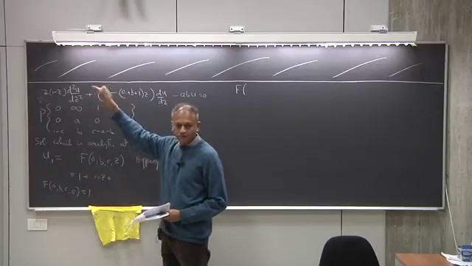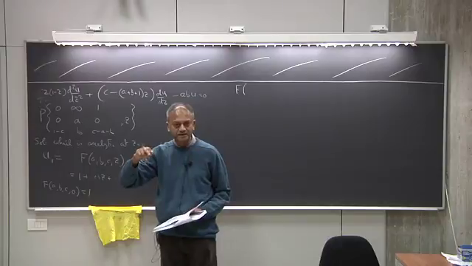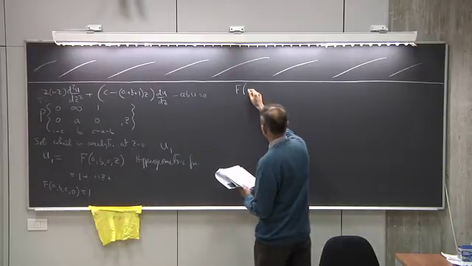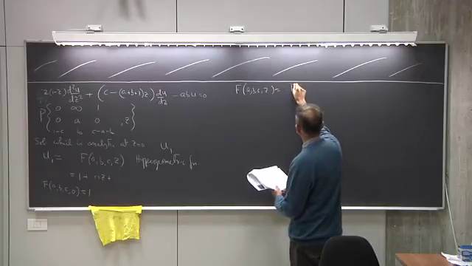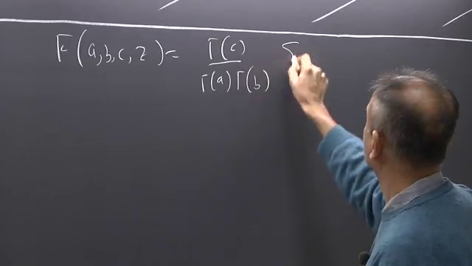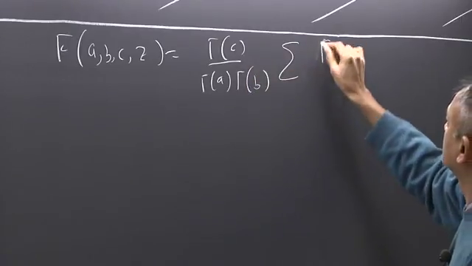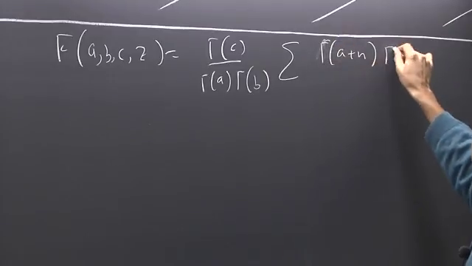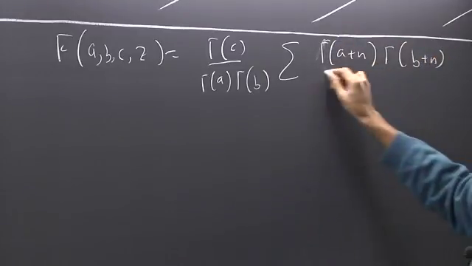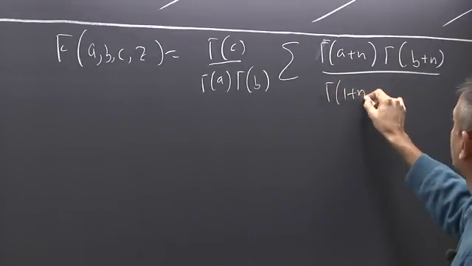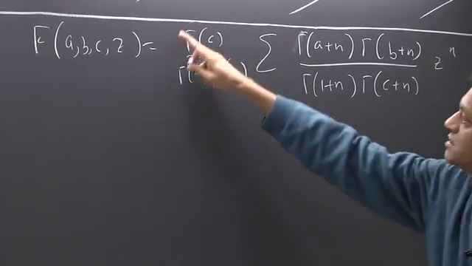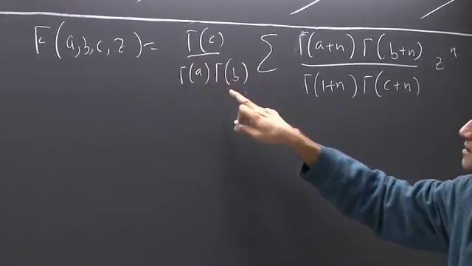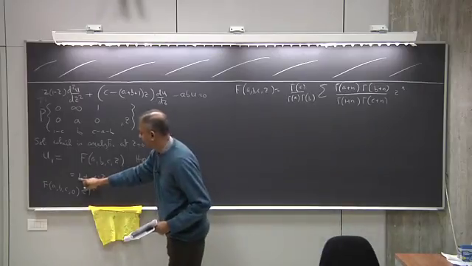We made the series expansion and plugged it in here, and obtained a recursion relation for the coefficient c_n. From that, we deduced that the expansion was simply gamma c over gamma a gamma b, times the sum of gamma(a plus n) gamma(b plus n) divided by gamma(1 plus n) times z to the n, where this constant is designed to make the coefficient equal to 1.